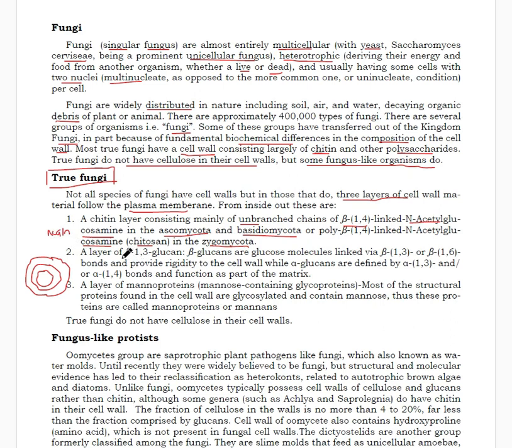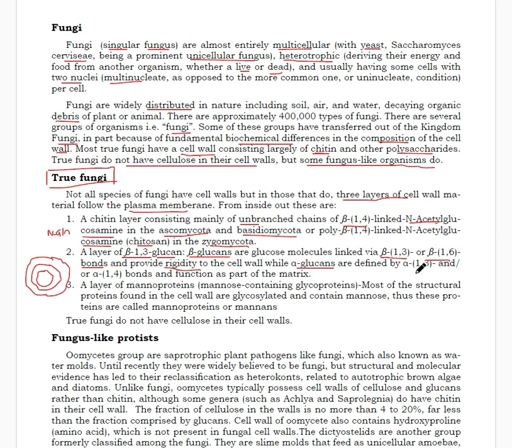Another layer is beta 1,3 glucan. Beta glucans are glucose molecules linked via beta 1,3 or beta 1,6 bonds, and these provide rigidity to the cell wall. What do alpha glucans do?